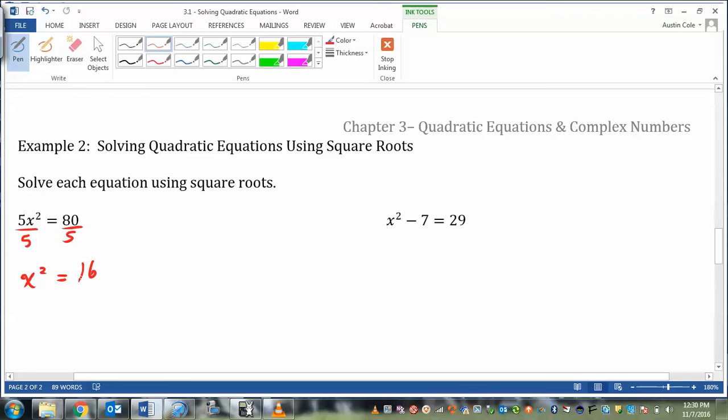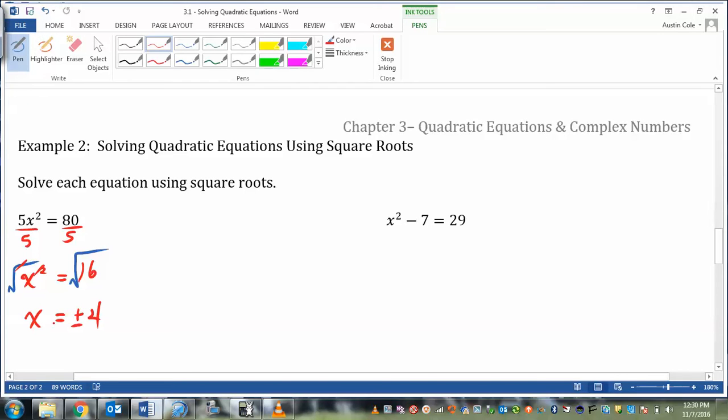Okay, now, second step is to square root both sides. So the square and the square root will cancel, so I'm left with x. Now the square root of 16 is 4. Now here's the rule. If you put the square root sign in yourself into the problem, then it has to be plus or minus. And here's what that means.